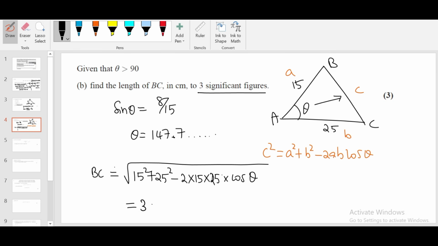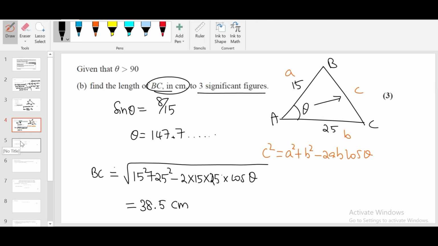So BC is 38.5 centimeter. Always pay attention to the unit. That's all. Let's move on to question number 3 now.